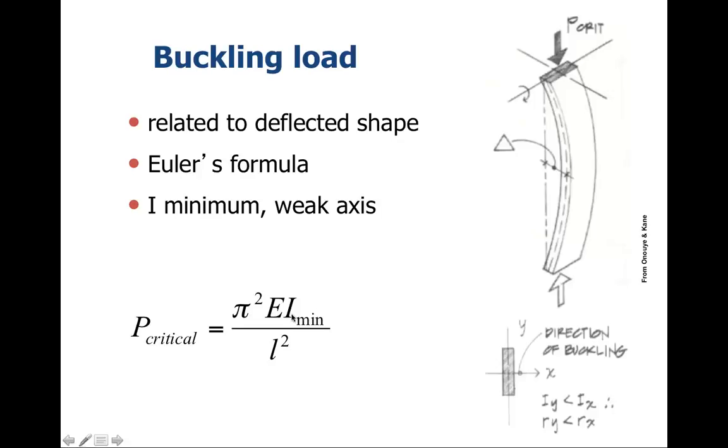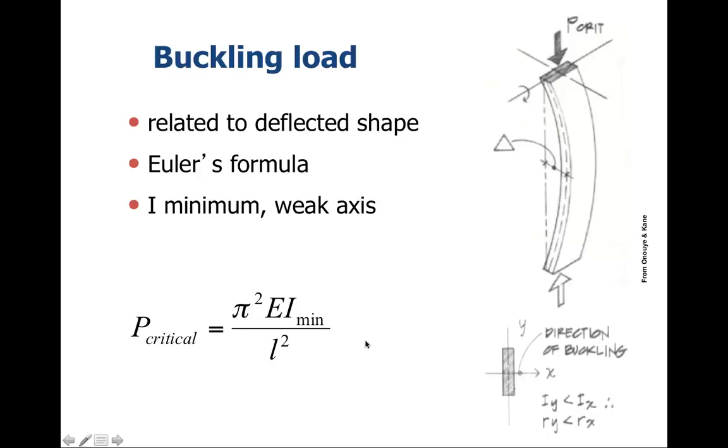I is the moment of inertia in the minimum direction. So if we have this column right here, we have two axes, the y-axis and the x-axis. Which one is going to be the one in which it will buckle? It will be strongest on the x-axis and weakest along the y-axis.